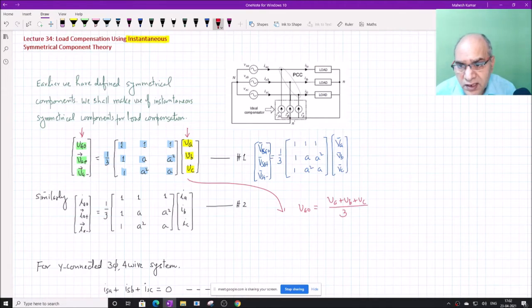This is the zero sequence, which is also the same as VB0 and VC0, the zero sequence component. You see the nature of VA0 is a real quantity, because VA, VB, VC are real quantities in the time domain. Therefore the nature of VA0 is a real quantity.